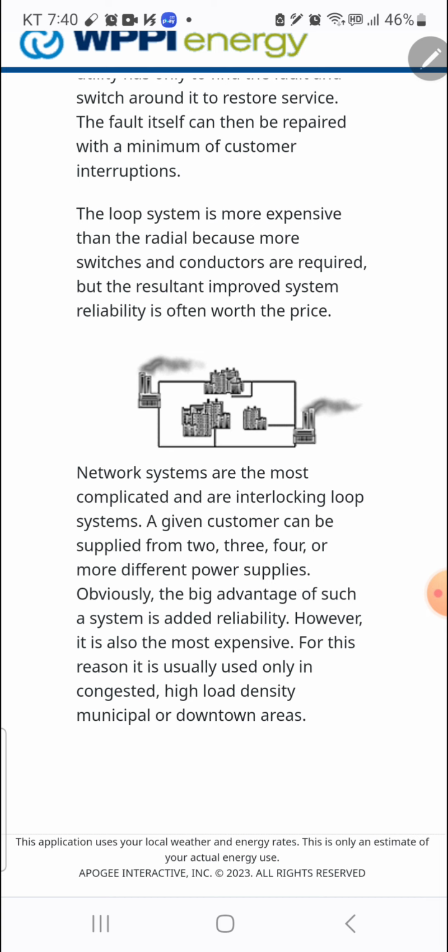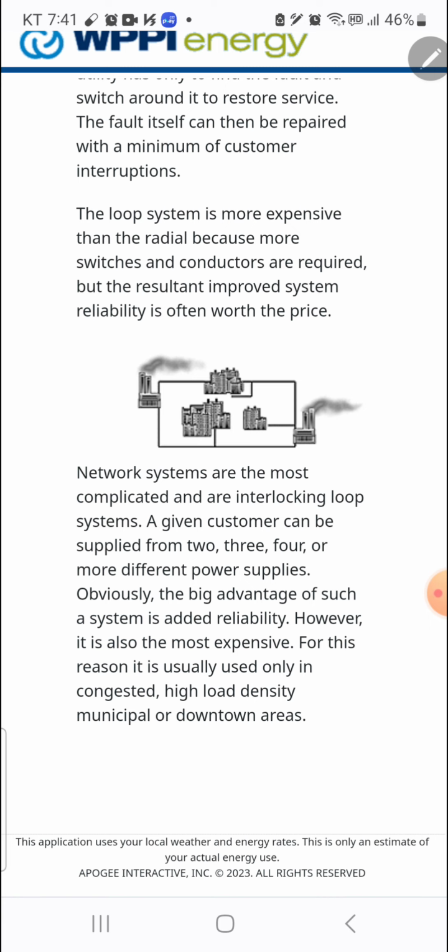Obviously, the big advantage of such a system is added reliability. However, it is also the most expensive. For this reason, it is usually used only in congested, high load density municipal or downtown areas.